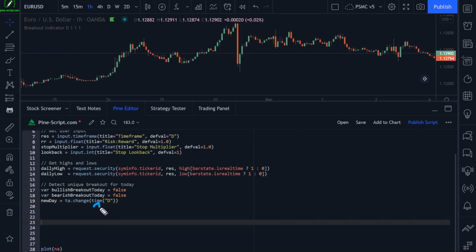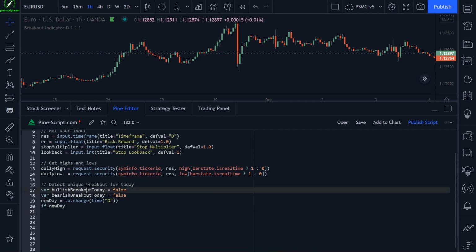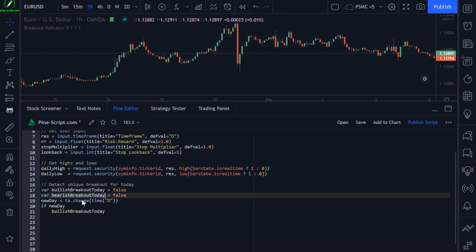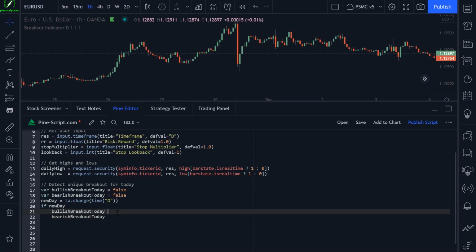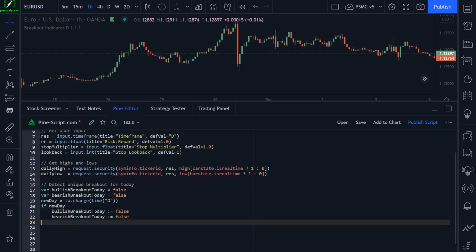So if time changes on the daily chart, new day will be set to true. And we now know that a new day has begun printing onto our chart. So we can check here, if we have a new day, then bullish breakout today and bearish breakout today need to be reset to false.